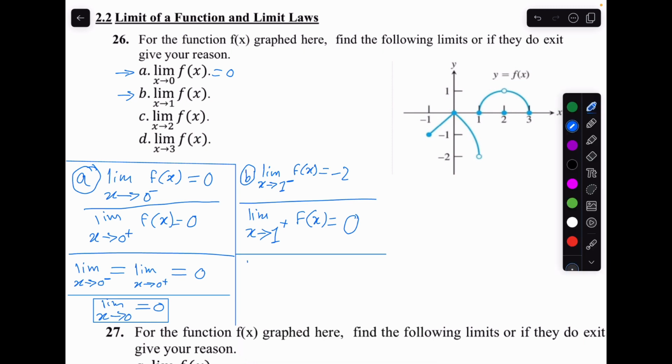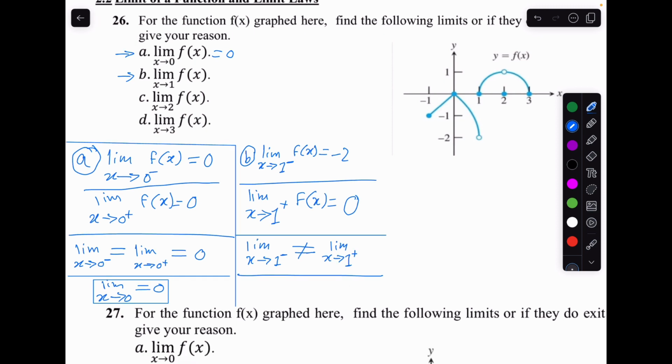So the limit when x is approaching 1 from the left is not equal to the limit when x is approaching 1 from the right. So the limit when x is approaching 1 of f of x does not exist.